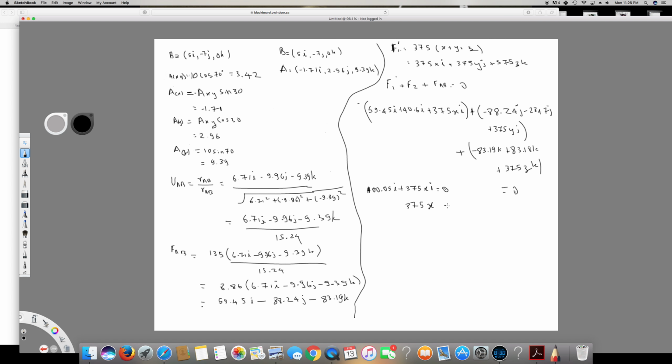So 375x is going to be equal to minus 100.05, so x is minus 100.05 over 375.